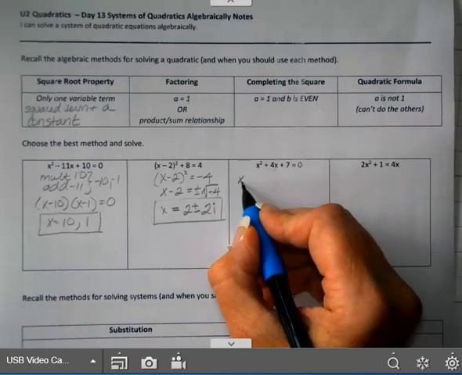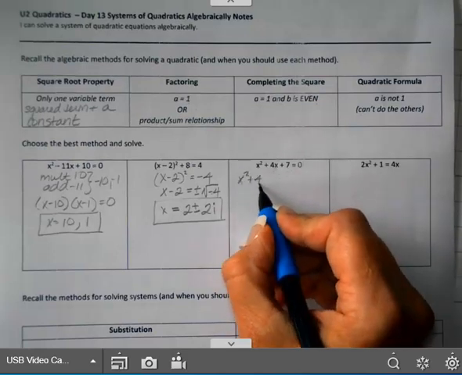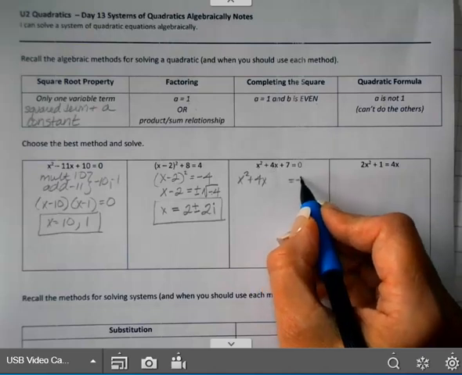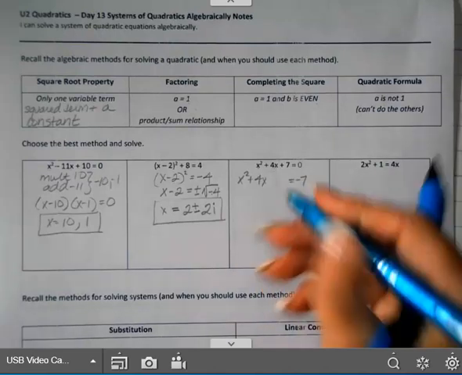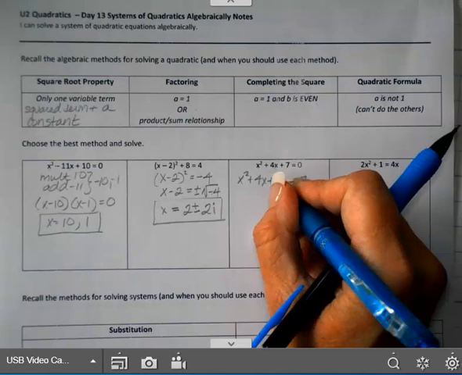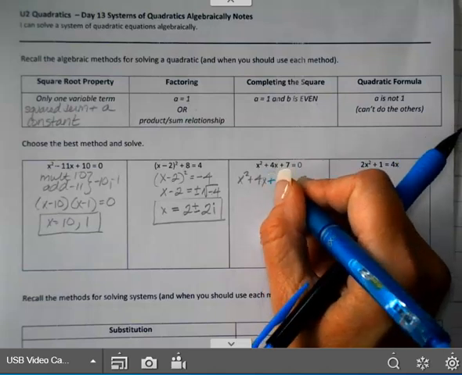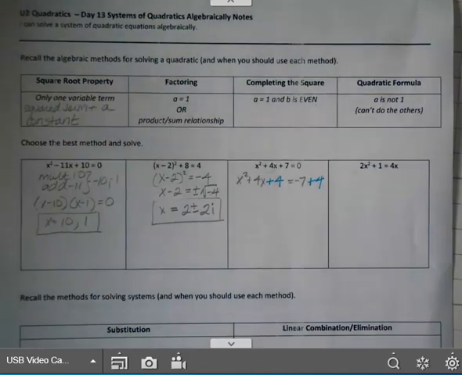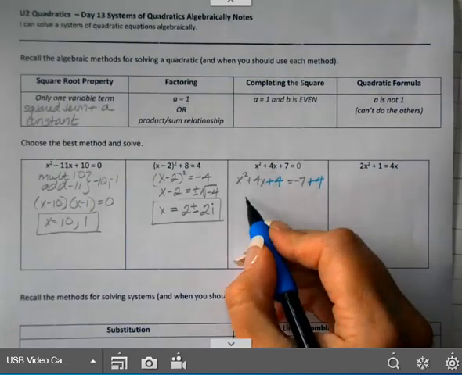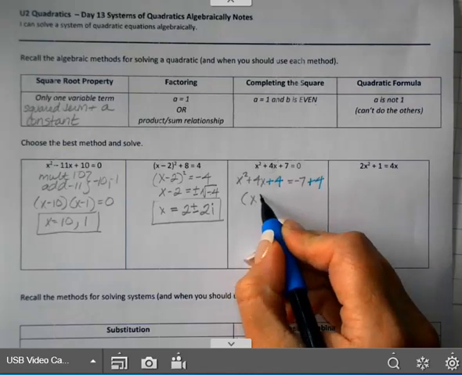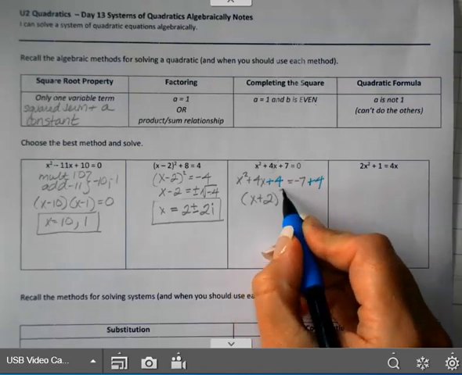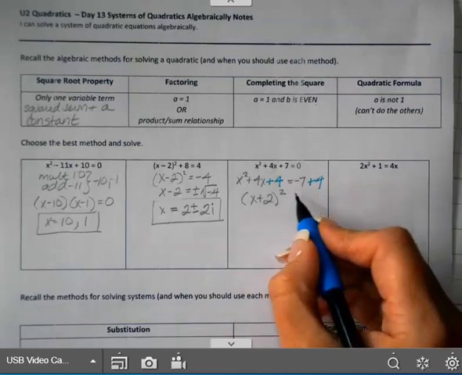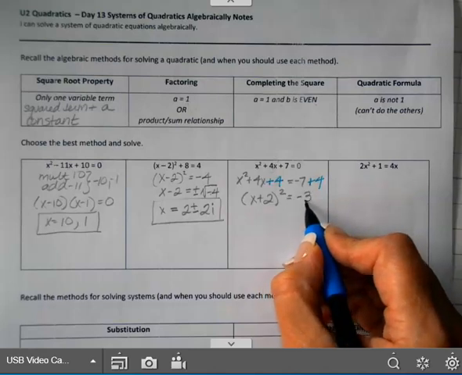Move the 7 to the other side. And then I want to take half of my middle term and square it. Half of 4 is 2 and 2 squared is 4. The left side is now a perfect square trinomial. So x plus 2 squared equals negative 3.